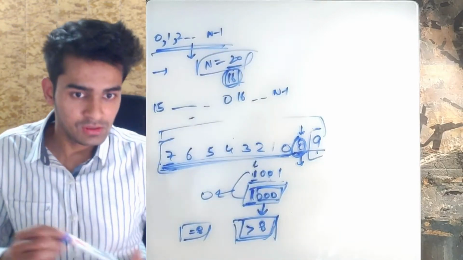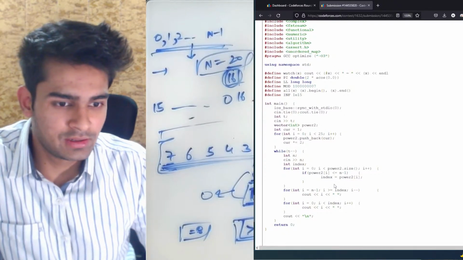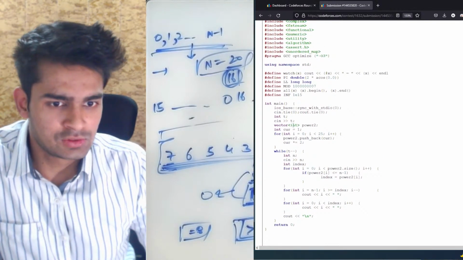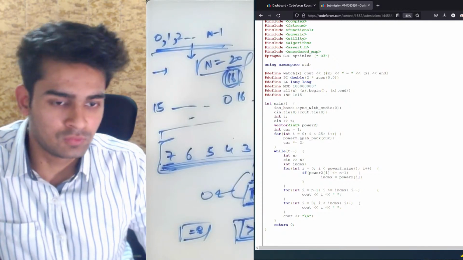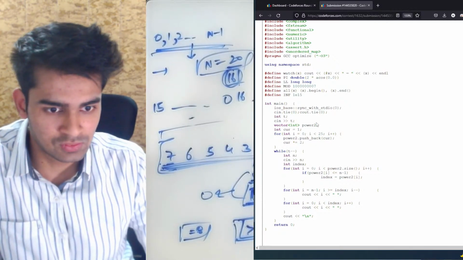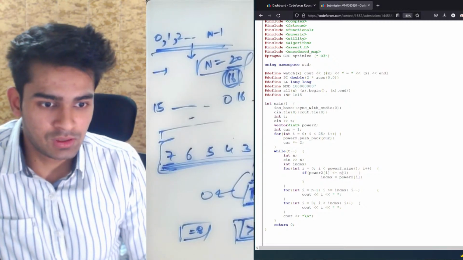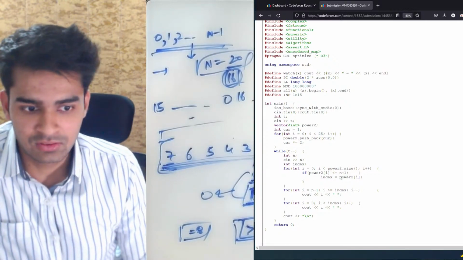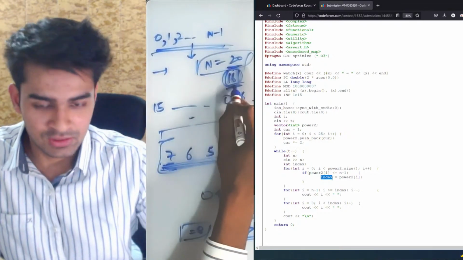Okay, so I'll quickly show you my code as well. So this is what I did. I made a vector of powers of 2 in which I'm inserting 1, 2, 4, 8, 16 and such. Then I found out the power of 2 which is just less than n. So if n is 20, I'm searching for this 16.